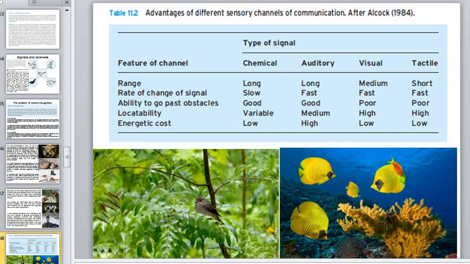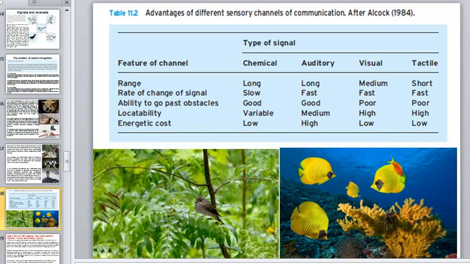So signals can also be complex, in the sense of being multi-component. And here we discuss this hypothesis. One argument is that the multiple components serve to enhance the accuracy with which receivers are able to assess signals, the backup hypothesis.